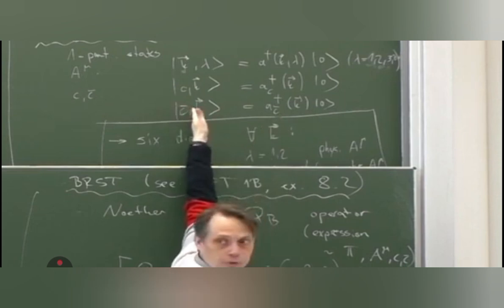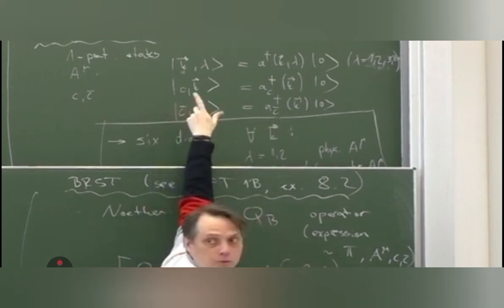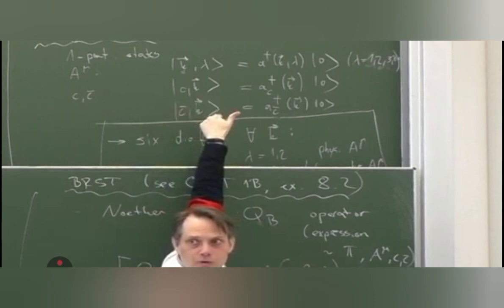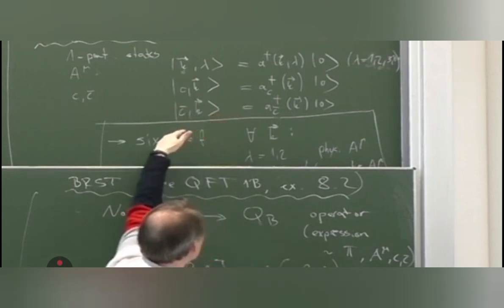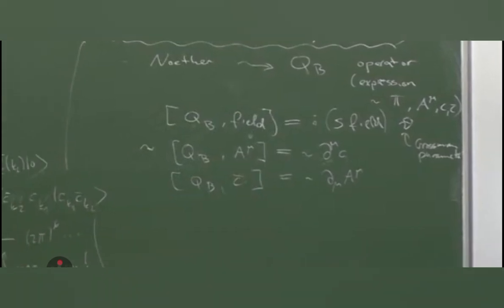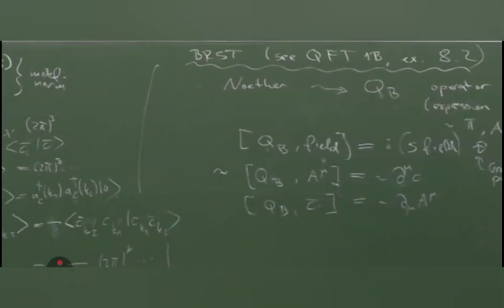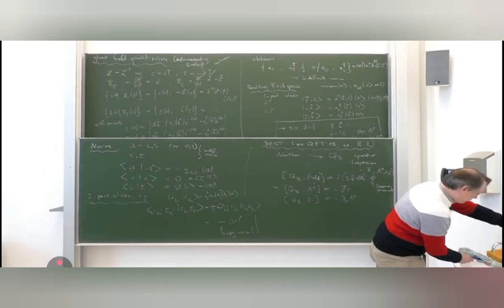In other words, you know what happens if you act with this Q_B on all the one-particle states. And then you can do the discussion from last week, which one-particle state is physical, which one is unphysical, what are equivalence classes between one-particle states, and so on. And that is what I want to end with in this section.